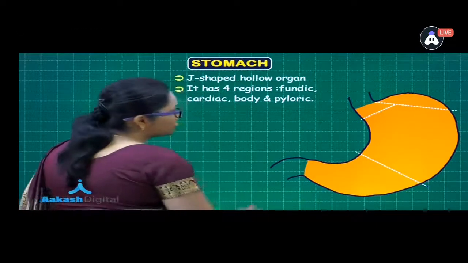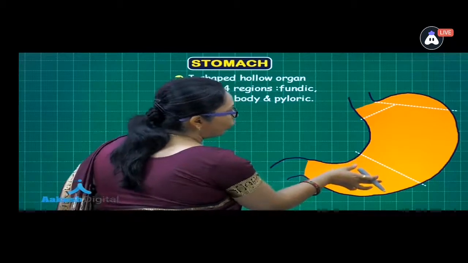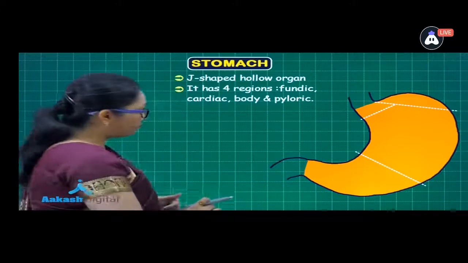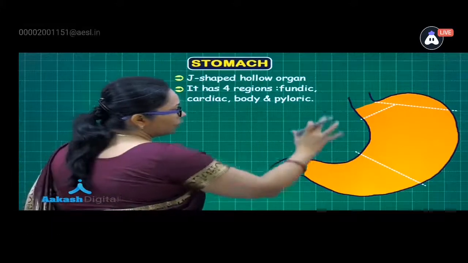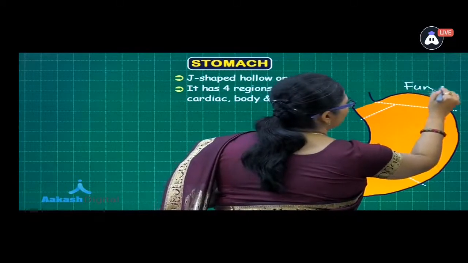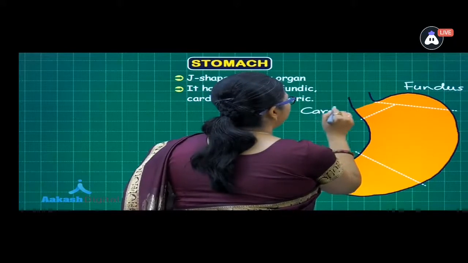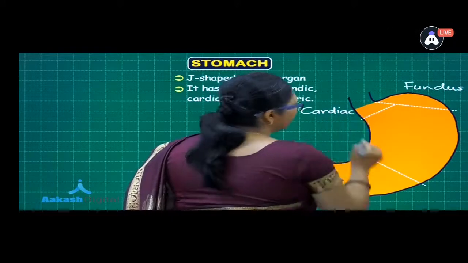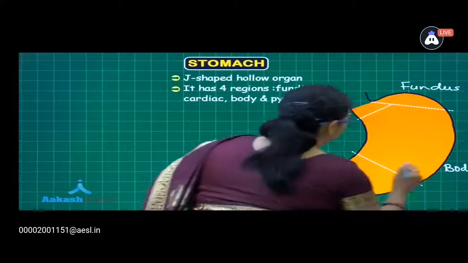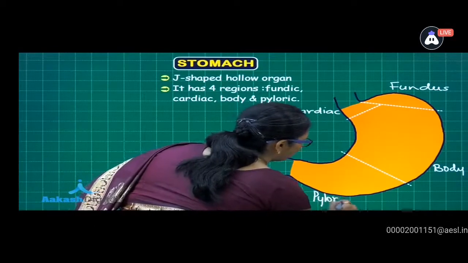Now this pylorus has a broad region which is called the pyloric antrum, and the narrower region, that is the pyloric canal. So in this way we can see these 4 regions: fundus, cardiac or cardia, body, and pylorus.